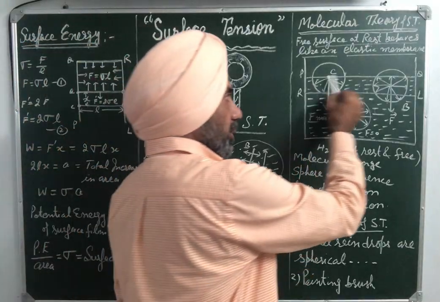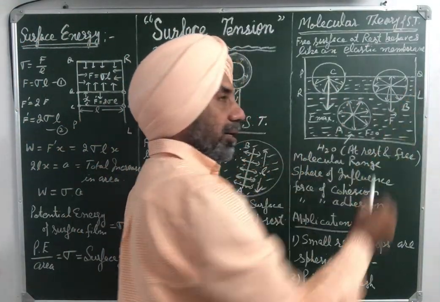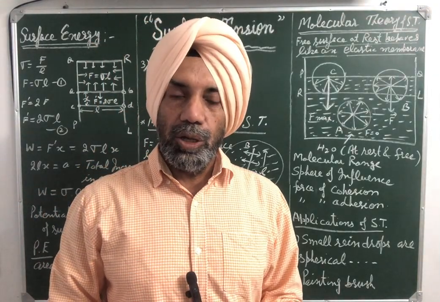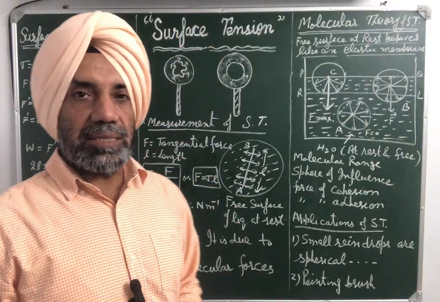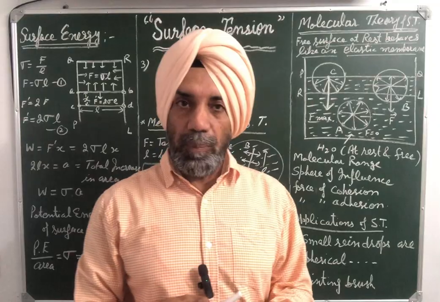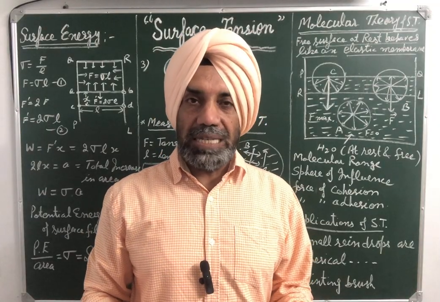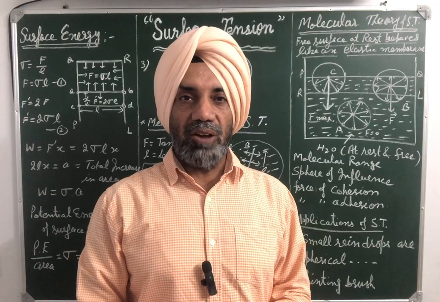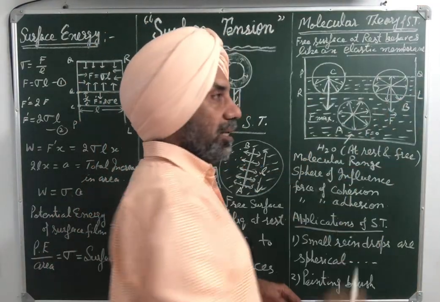And for stable equilibrium, potential energy should be as low as possible. So to have minimum potential energy, the molecules in the surface film, that is the top molecules, always attract each other on the surface of the liquid.